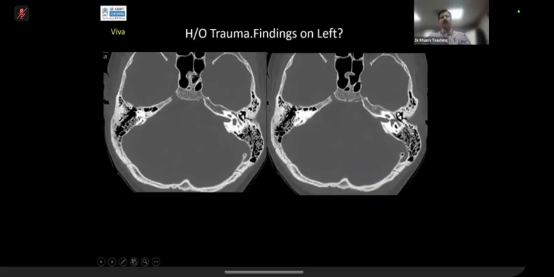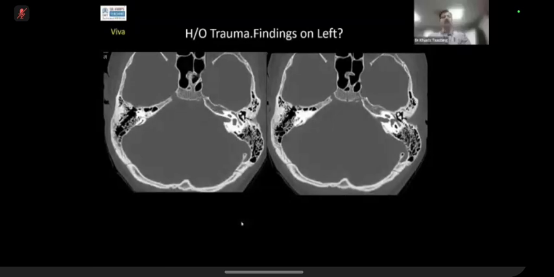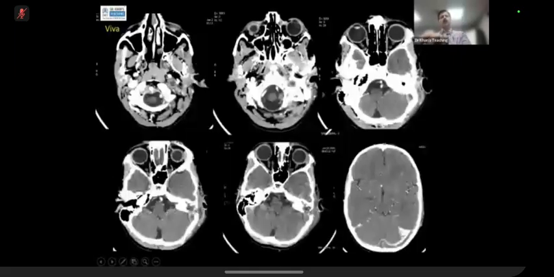Look at this example: what is your finding here, candidate 3? Ossicles-wise, I think the malleus and the incus are dissociated. Yes. So incudomalleolar dislocation.